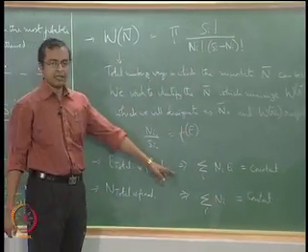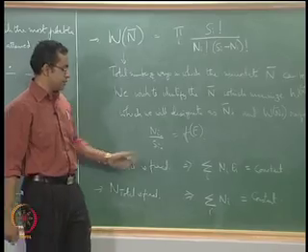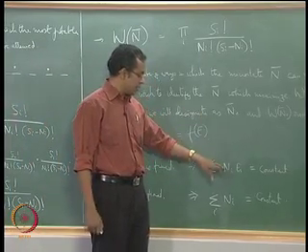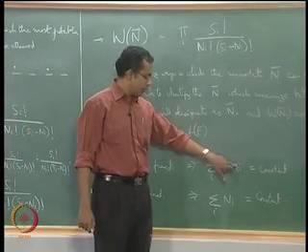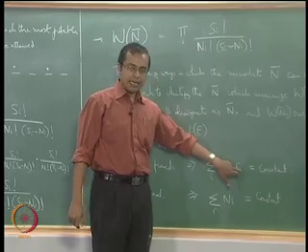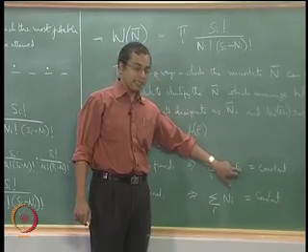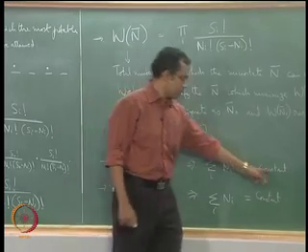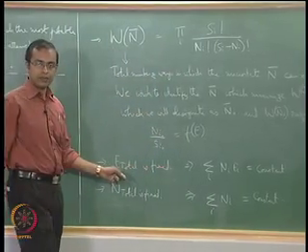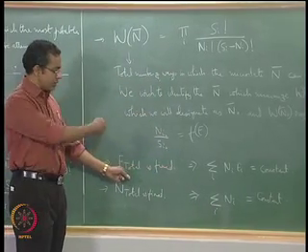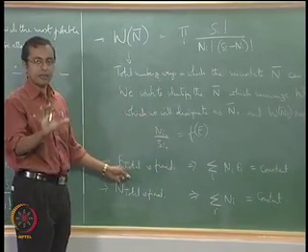So the two constraints that we have here: the total energy of the system is fixed, therefore the sum of the number of particles at each energy level times that energy level is a constant, because that sum is equal to the total energy of the system. So this is one constraint that we are placing on the system.